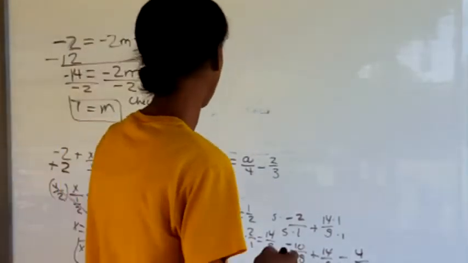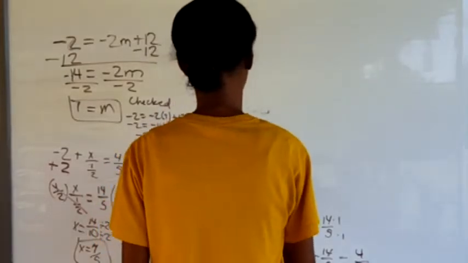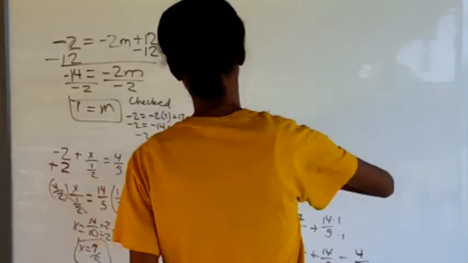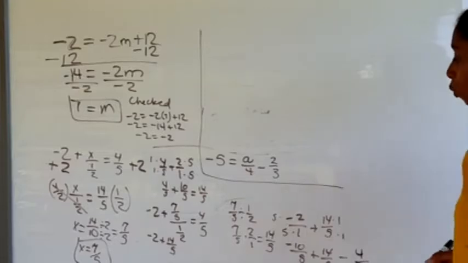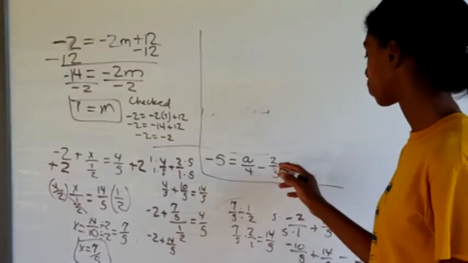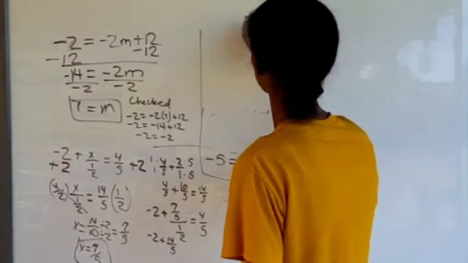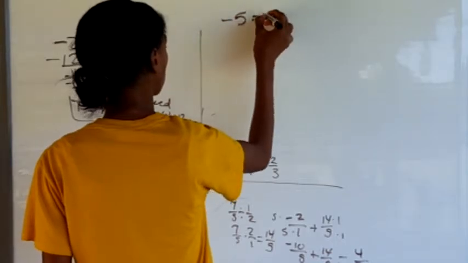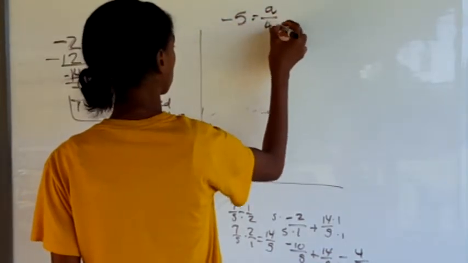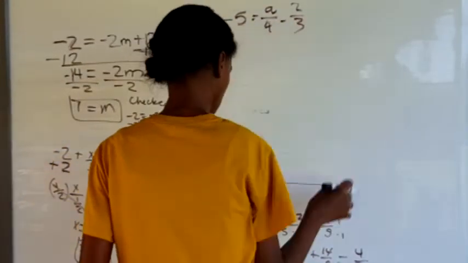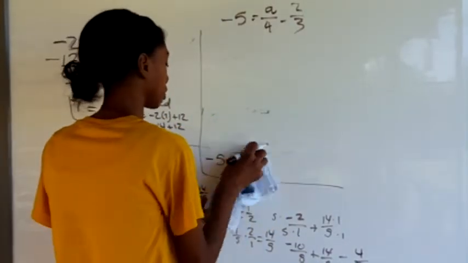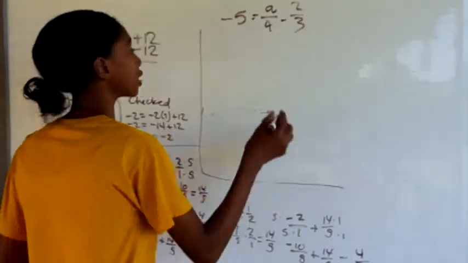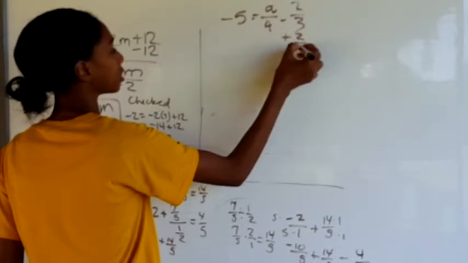Alright, we have negative 5 equals a over 4 minus 2 over 3. So we're going to add 2/3 to both sides.